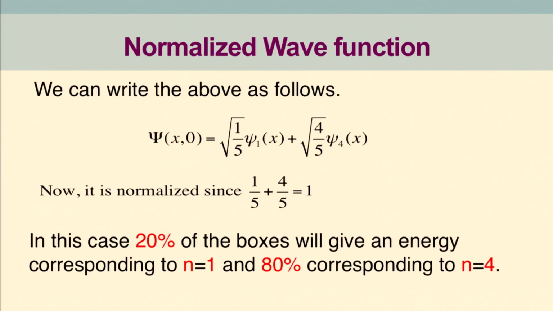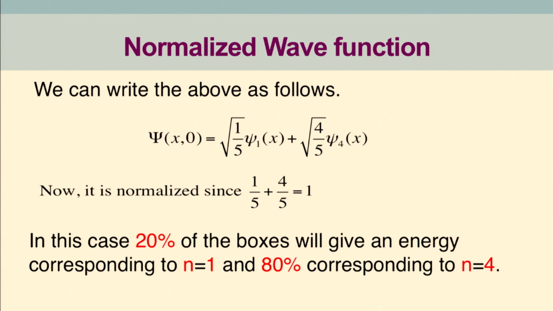And it turns out that a normalized wave function looks something like this: root 1 by 5 psi 1(x) plus root 4 by 5 psi 4(x). It is normalized because C1 here is root 1 over 5 and C4 here is root 4 over 5, and if I sum up mod C1 square plus mod C4 square, I get 1.